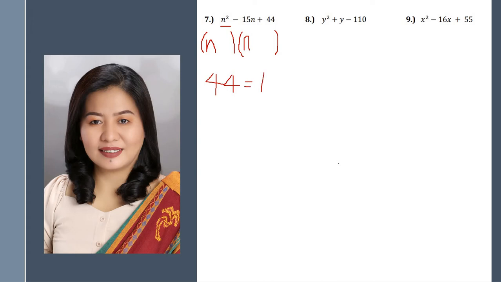We have 1 and 44. If we add 1 and 44, it will not give us a sum of 15. So we have 2 and 22. Adding 2 and 22 also will not add to 15. 3 is not a factor of 44, so we move to 4.